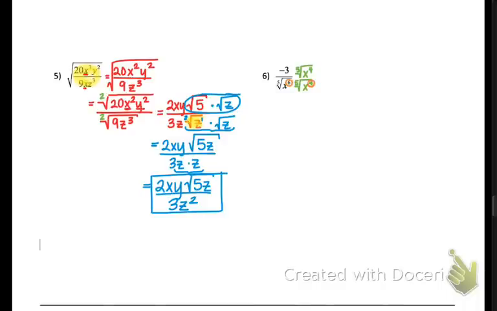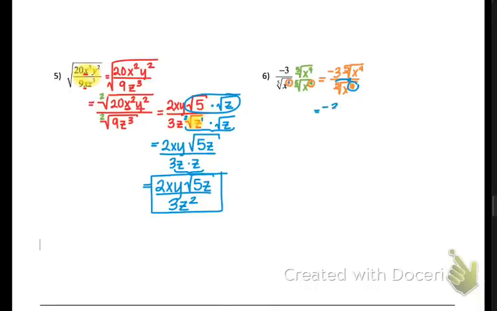6 plus 4 would give me 10. So I get negative 3 times the 5th root of x to the 4th over the 5th root of x to the 10th. Now when we simplify, I have picked an exponent down here. The reason why I built up to 10 is because I know that 5 goes into 10 evenly.